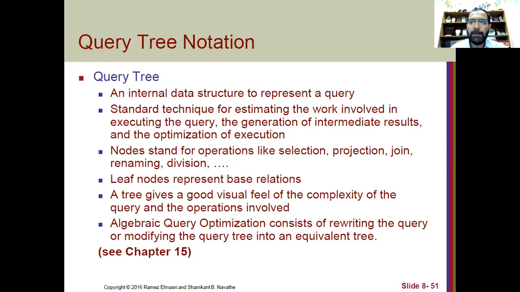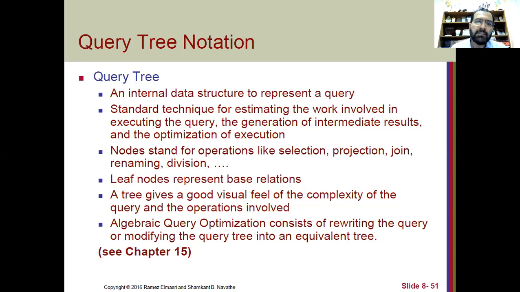If you represent it in the form of a tree, you can easily understand how many operations are involved, number one, and number two, the execution order: which operator will be executed first, then the second and the third, and so on.